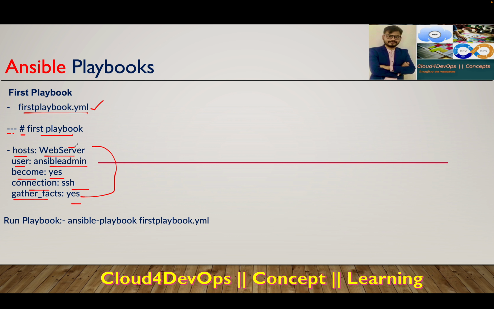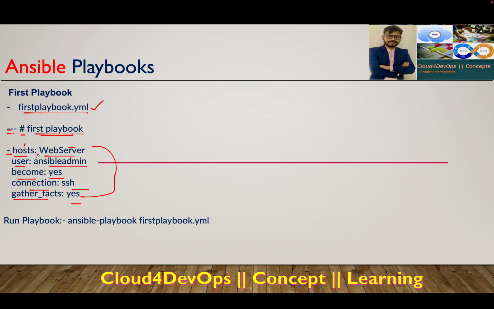Now, how are you writing a playbook over here? You start with these three dashes and the pound sign, your message of the playbook. Then you have to start with one dash, hosts, and no space between hosts and the colon sign. After the colon, there is a space. That's the syntax that we have to follow.